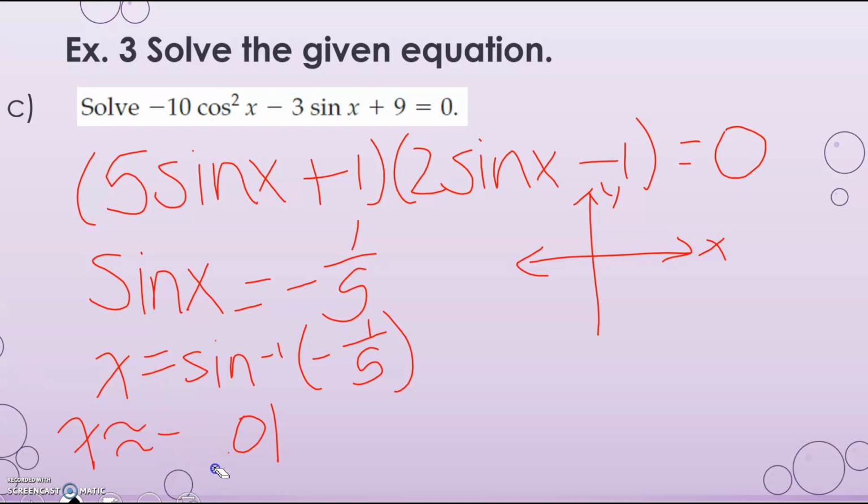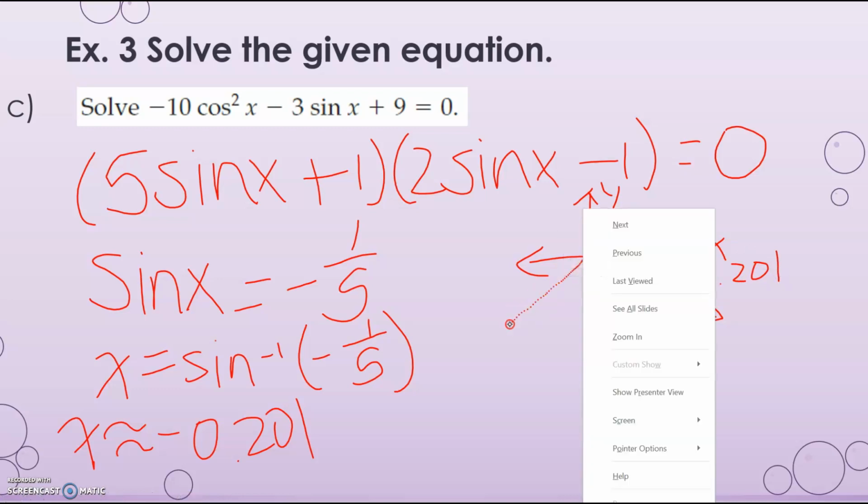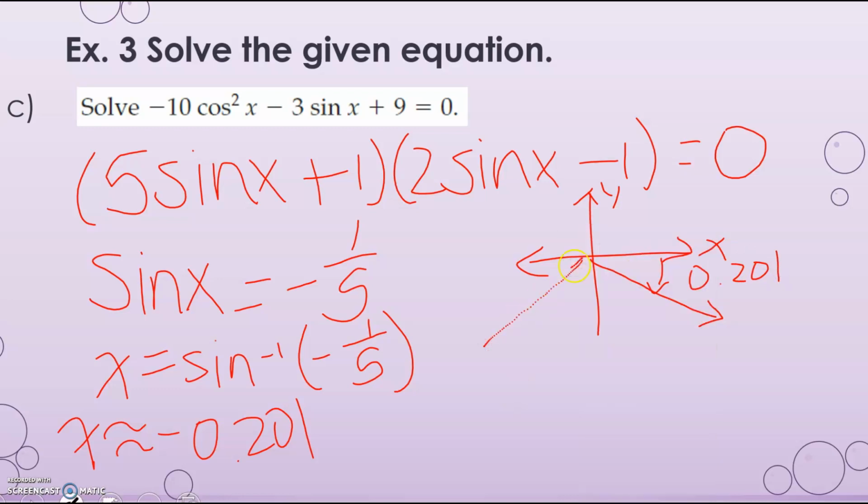This is actually negative 0.201, not 2.01, which means it is in the fourth quadrant with a reference angle of 0.201. So then the angle I'm looking for should be in the third quadrant, and it should also have a reference angle of 0.201.